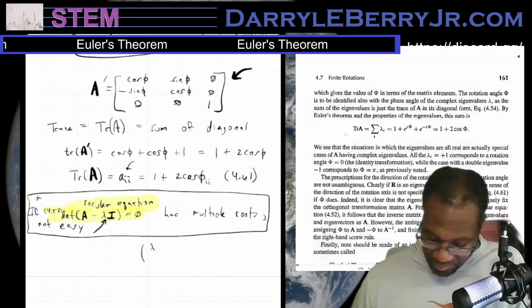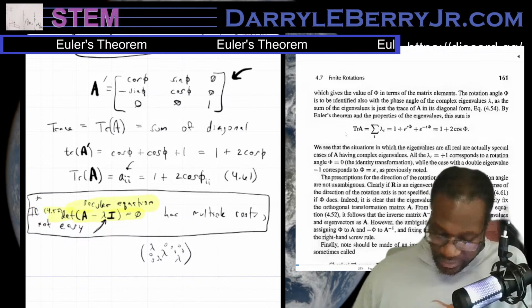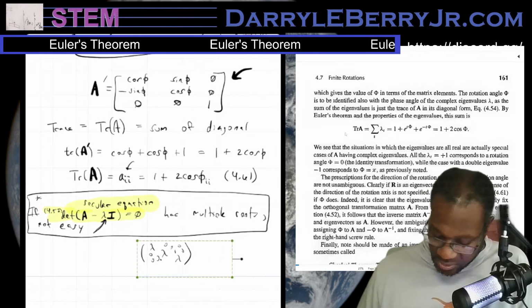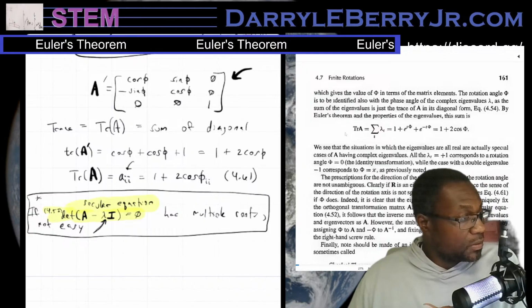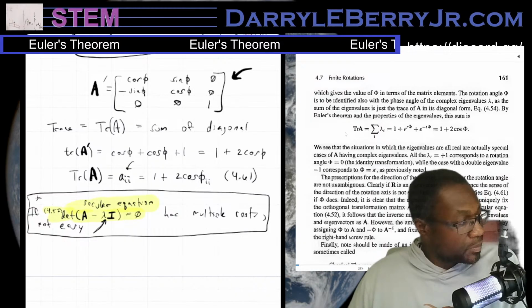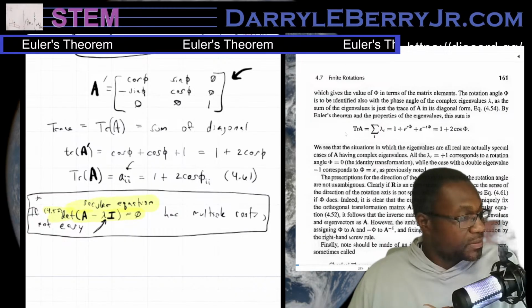So lambda ends up being diagonal, and thus it works beautifully with the trace because everything else is 0. So the sum of the eigenvalues is just the trace of A in its diagonal form.